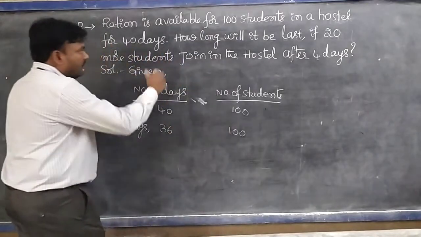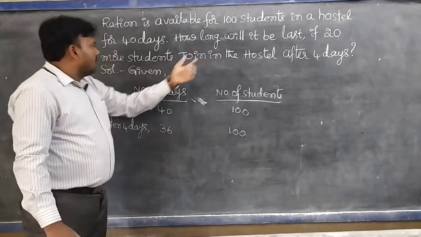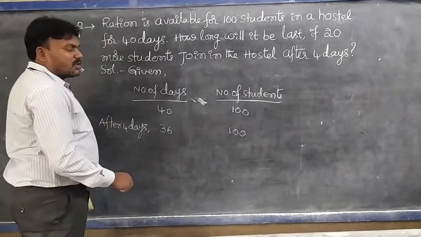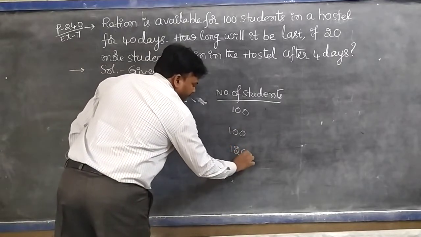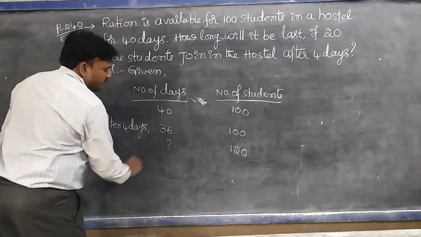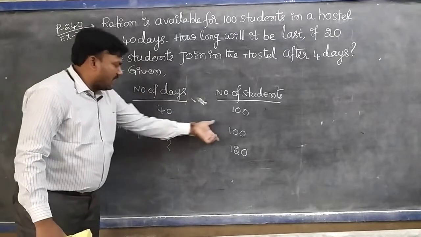Next one. Go for the second line. How long will it last if 20 more students join the hostel? So 20 more students join the hostel means 100 plus 20, it becomes 120. So then we find the question mark here. We find the time, students. So no need for the starting value. We consider these two values only.